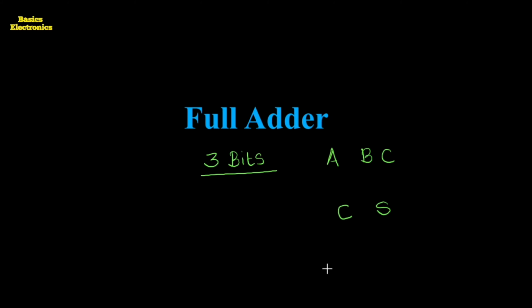It means a full adder is a logical circuit which can perform the addition of three binary bits. Once again, you have to keep in mind that bits and numbers have a difference.